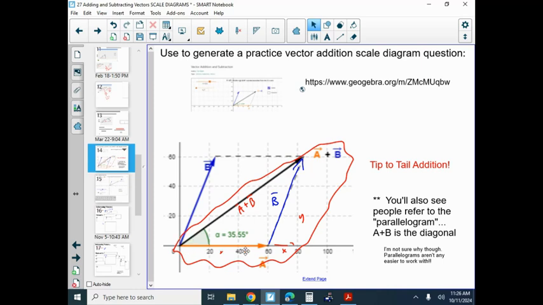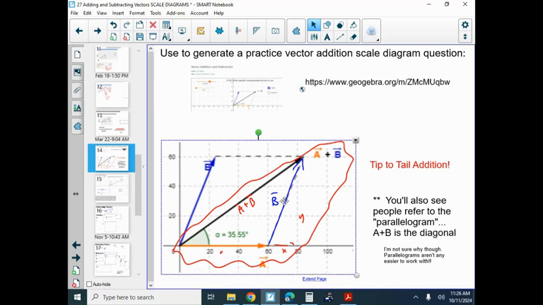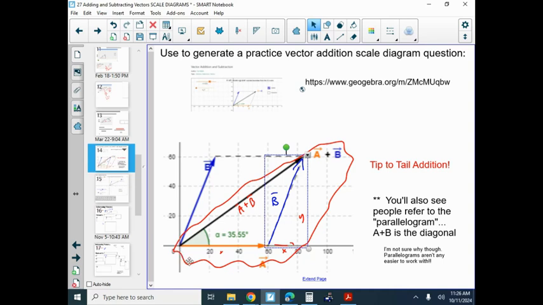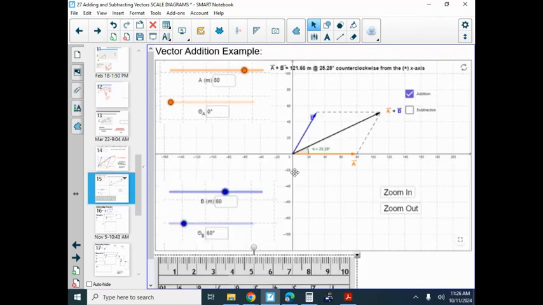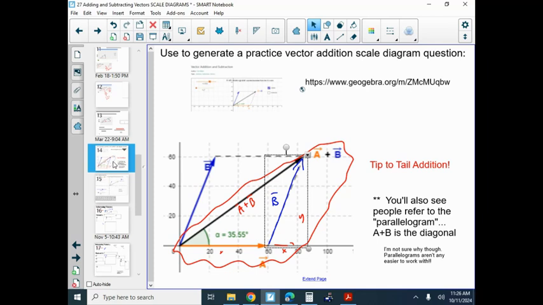So if you move this vector over, this really is that tip to tail idea of adding this vector to that vector. But they show it like this because a lot of people just like it. It's the parallelogram. I don't even know why people like it that much, but the diagonal of a parallelogram, if you set up 2 copies of each of the vectors, you make a parallelogram. The diagonal is the addition of them. I don't know why people like that so much.